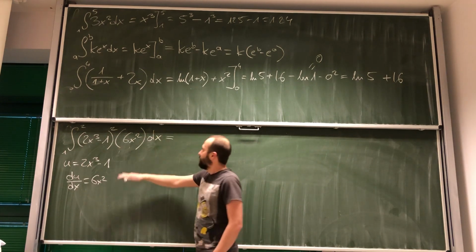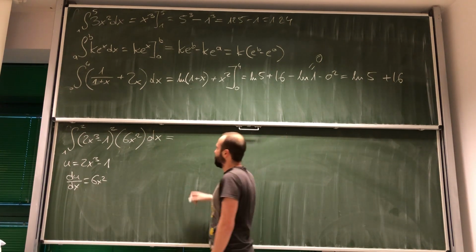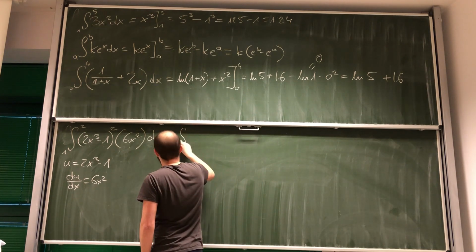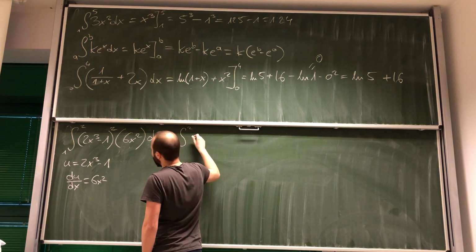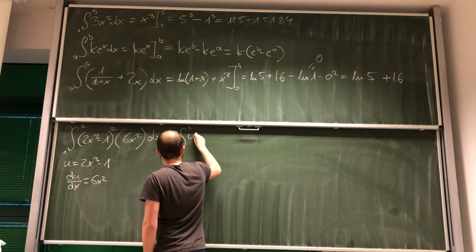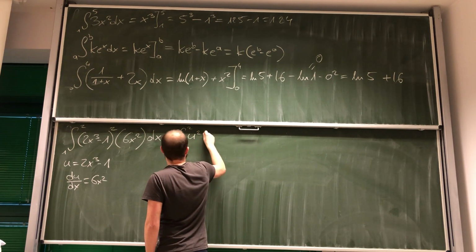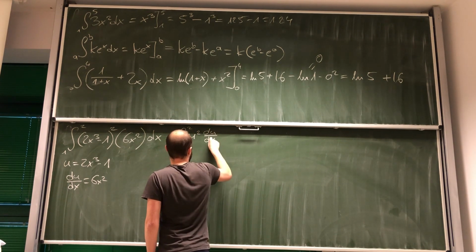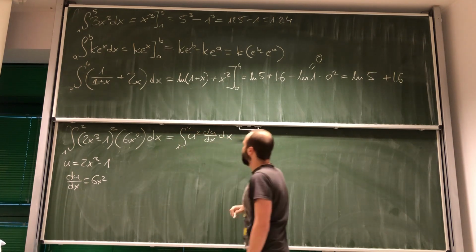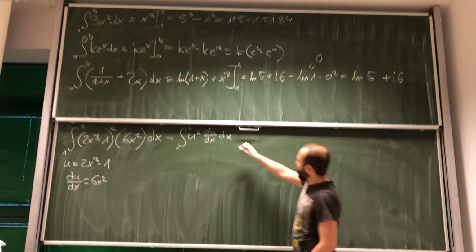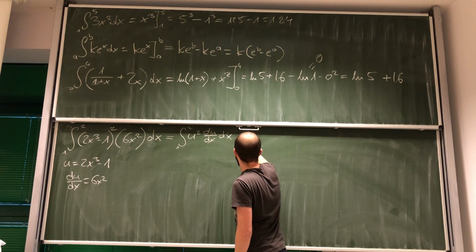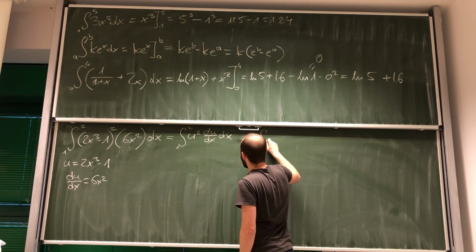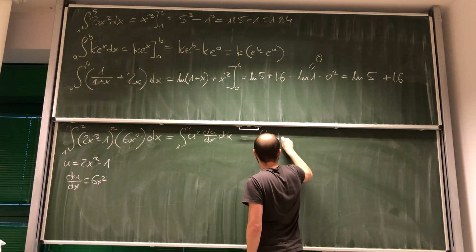Well, now we can start substituting. We get here from 1 to 2, u squared du/dx dx. Right? So, those two cancel each other out, and we are getting u squared du.